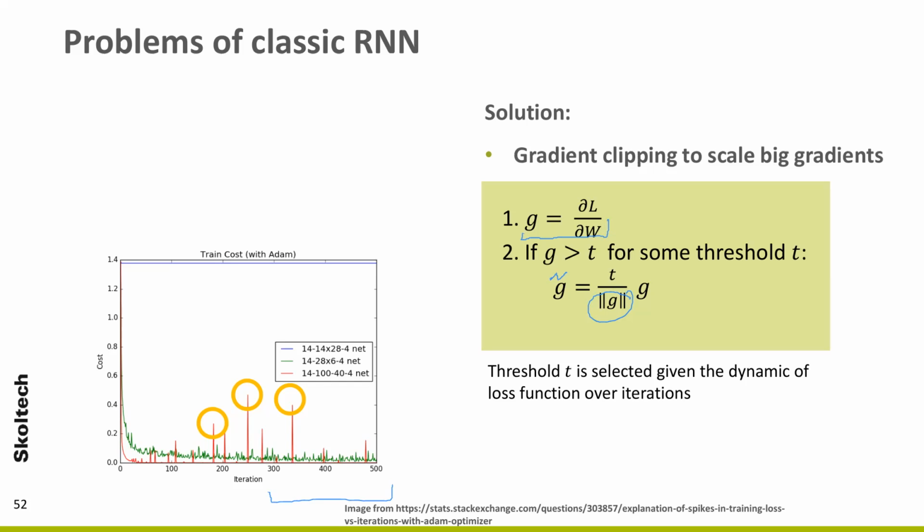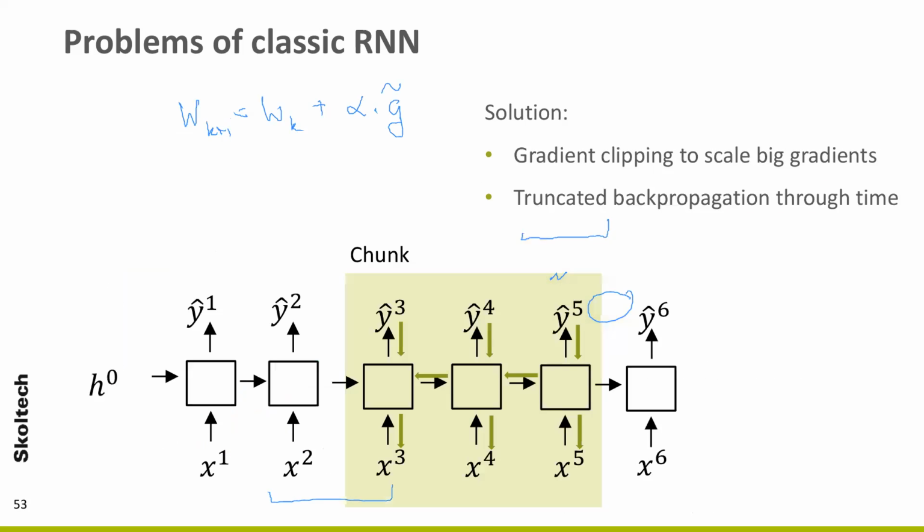Our next W at step k plus 1 would be W at k plus some alpha times G. The G is different, since we limited the norm of this gradient, and now we have a more stable performance.